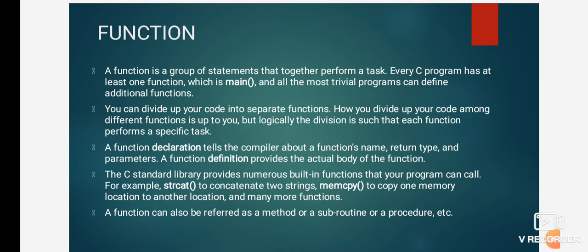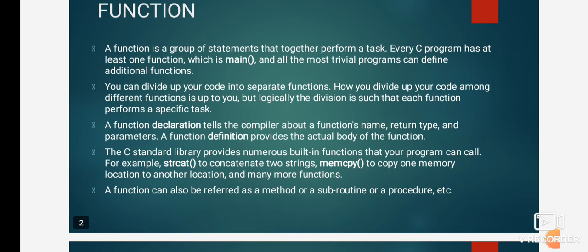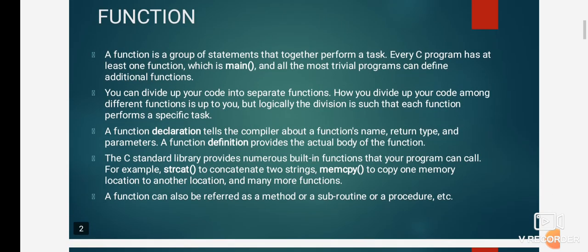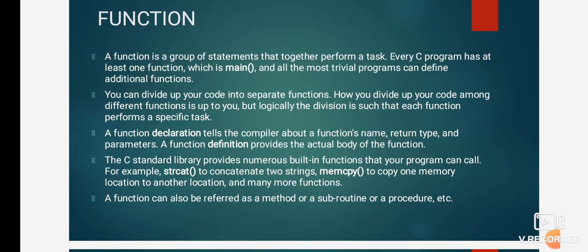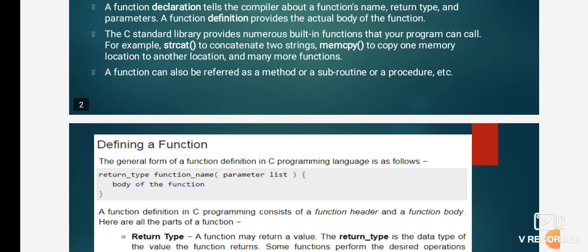The next one is memcpy, which copies one memory location to another memory location, and many more functions are available. A function can also be referred to as a method, a subroutine or a procedure. So this is the basic structure, syntax and definition of a function.